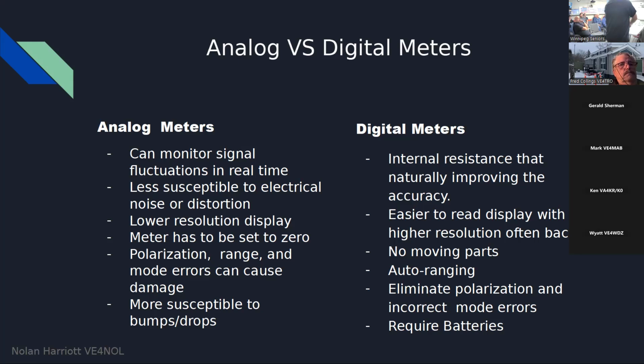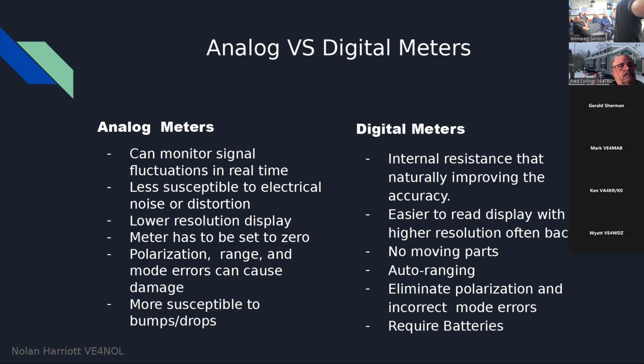So analog meters can monitor signal fluctuations in real time, right? If things are changing and bouncing, that needle is going to be swinging and bouncing, so you can physically and quickly see those small changes. They're less susceptible to electrical noise or distortion. They do have lower resolution displays, right?